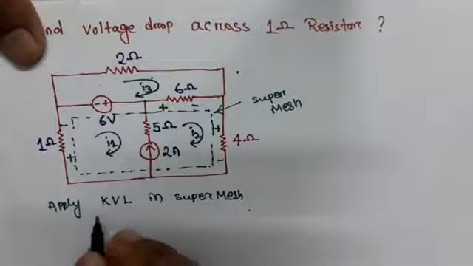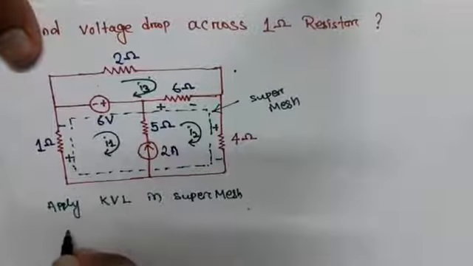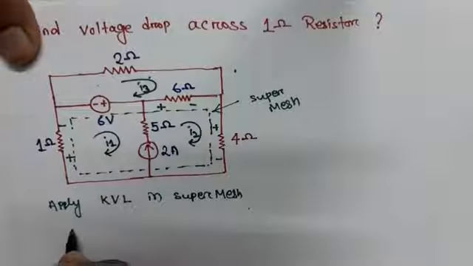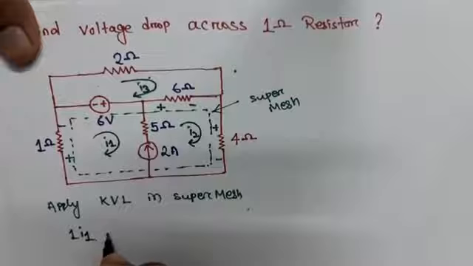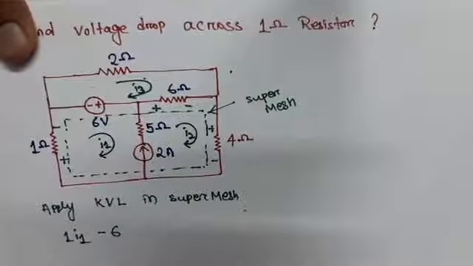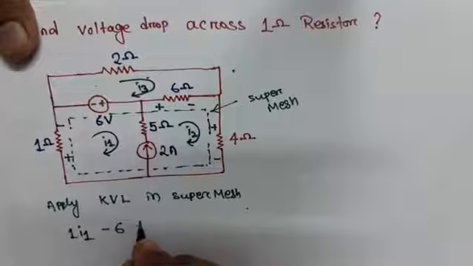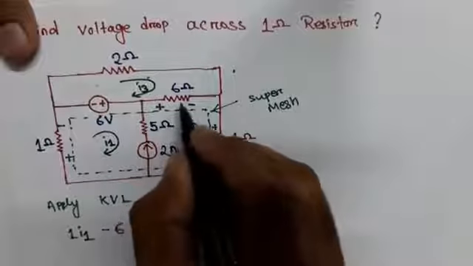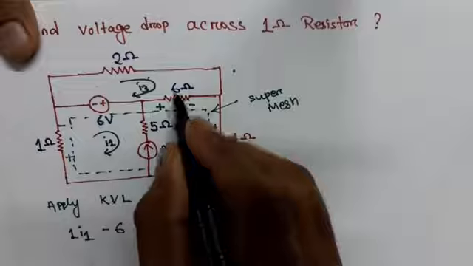Here we apply, this is 1 into I1, and then minus 6, then plus, here I2 and I3 currents are flowing through it.